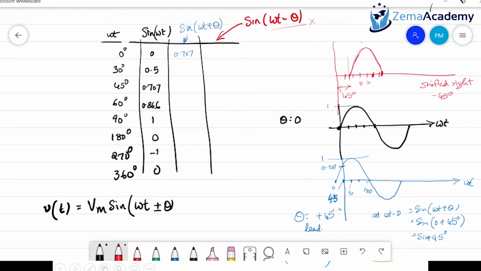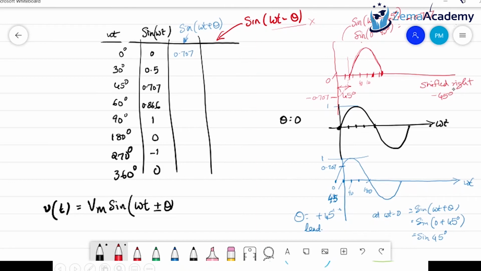If we do the same calculation as here, sine omega t minus 45 degrees, at omega t equals 0, what value will it have? 0 minus 45, or minus 0.707. If you extend this back, that is what you will have, minus 0.707.